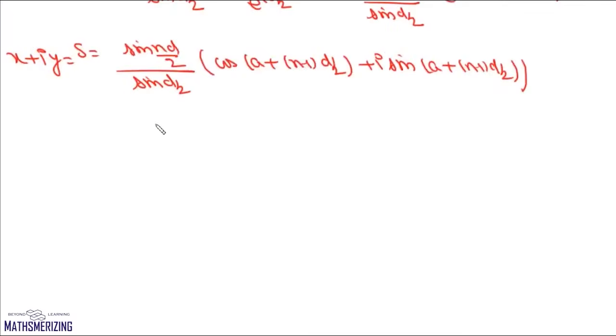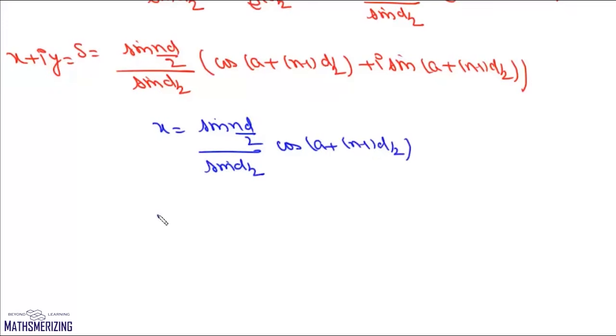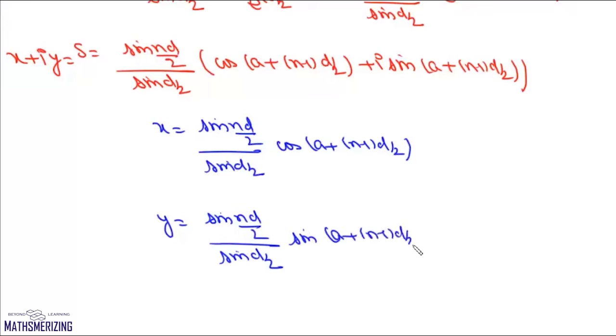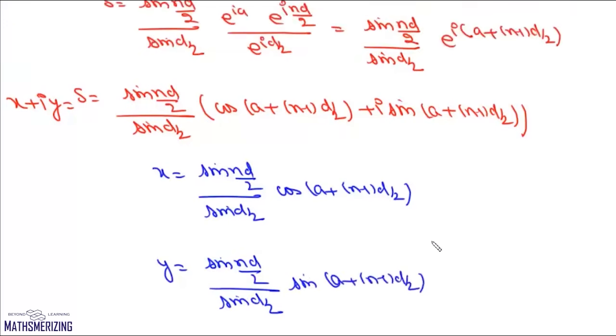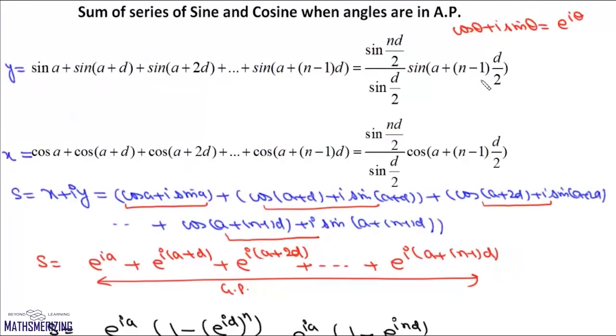So if we compare, we'll get this x as sine n d by 2 upon sine d by 2 cos of a plus n minus 1 d by 2, and y is sine n d by 2 upon sine d by 2 sine of a plus n minus 1 d by 2, which proves our formula. So these are the two methods with which we can prove this formula.